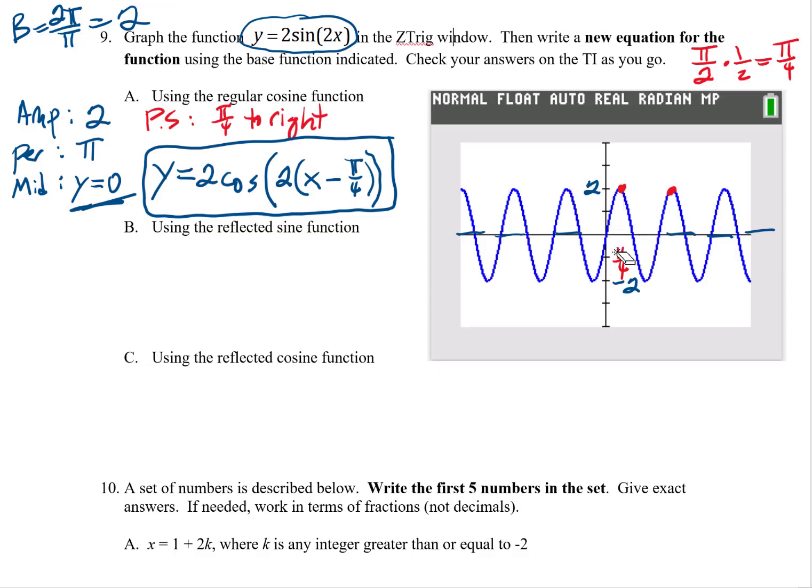Okay, let's try letter B. So now I'm not looking for the vase. I'm looking for the valley and the hill. I want to do a reflected sine function. The amplitude, the period, the midline, all that stuff is going to carry through. It's really just the phase shift that's going to change. So where is a valley and hill I could use?